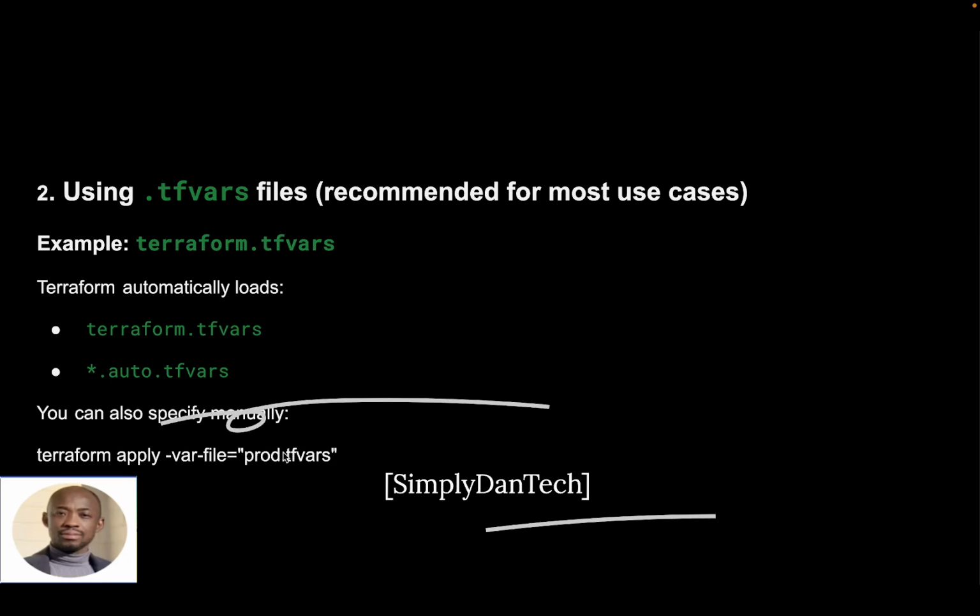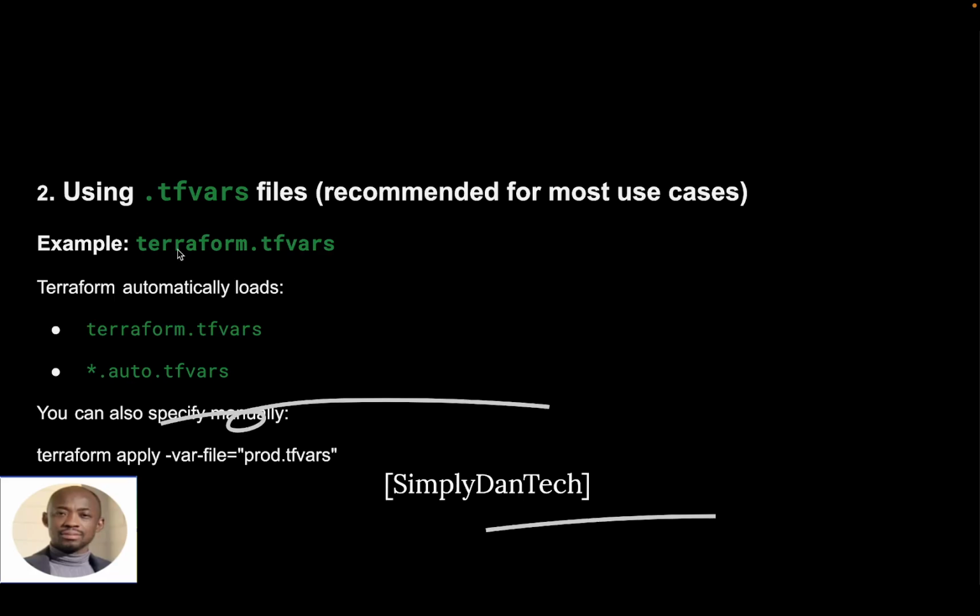For example, you can call your own prod.tfvars or stage.tfvars. But the difference between terraform.tfvars and, let's say, prod.tfvars is Terraform will automatically read terraform.tfvars, whilst for prod.tfvars or your custom file name, you need to specifically provide the name of the file while you are allowing Terraform to read that particular file.